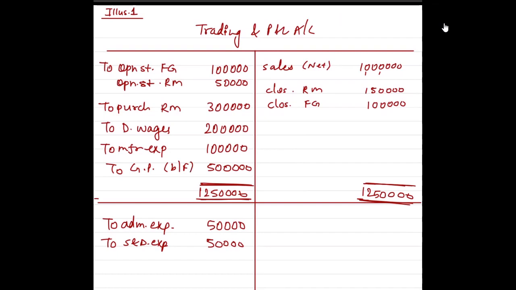This is the balancing figure. This gross profit will be brought down, gross profit brought down, that is 5 lakh rupees. Moving on, we have some administration expenses as well as some selling and distribution expenses.